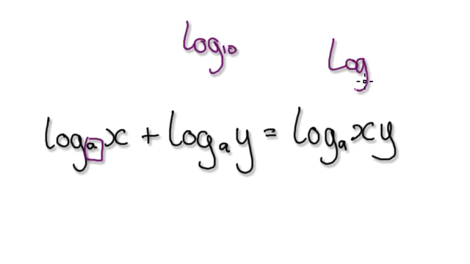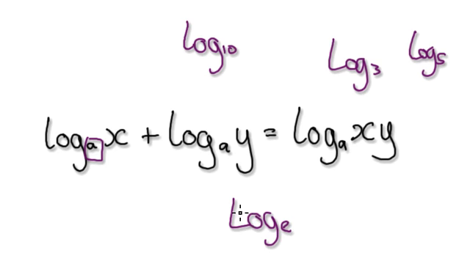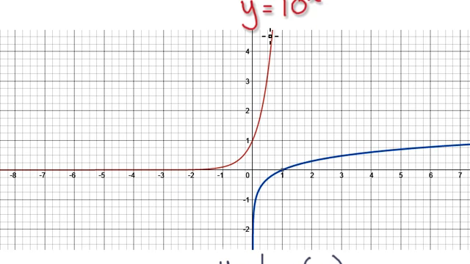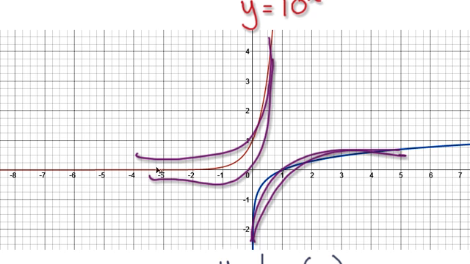We don't need log base 3 or log base 5, but there will be one where you have log base e. But don't worry about this, this is for another time. But the important thing is that this is the inverse of this, and this is the inverse of this.